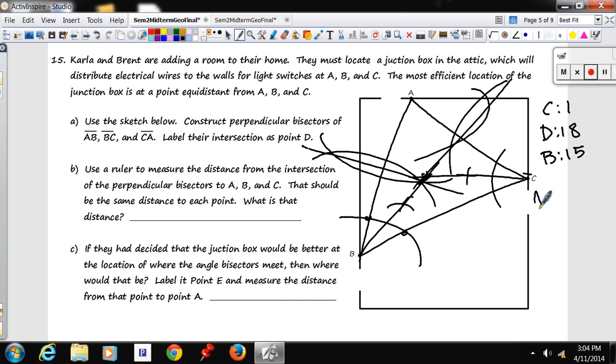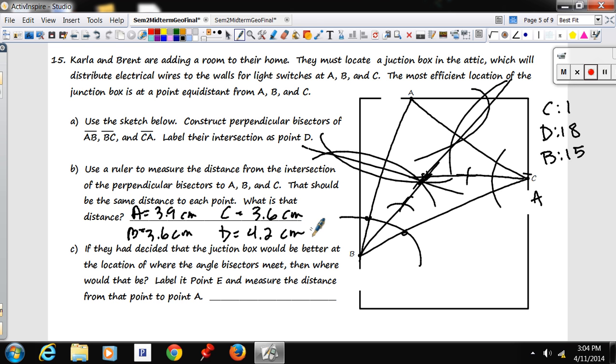Okay, so for test A, your answer was 3.9 centimeters. For test B, your answer was 3.6 centimeters. For test C, your answer was 3.6 centimeters. And for test D, your answer was 4.2 centimeters.